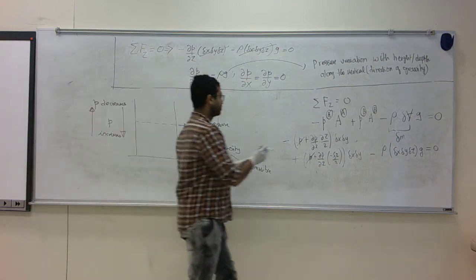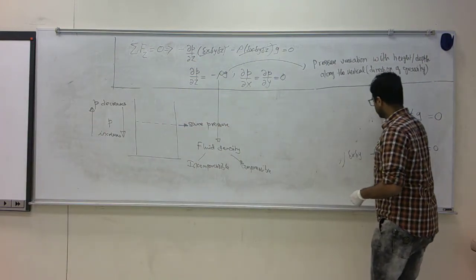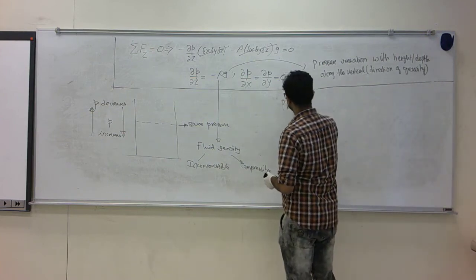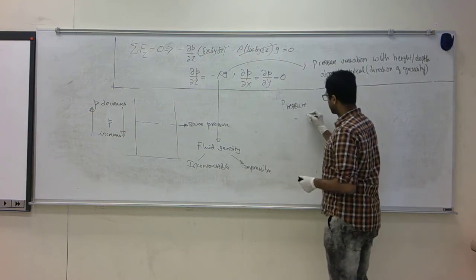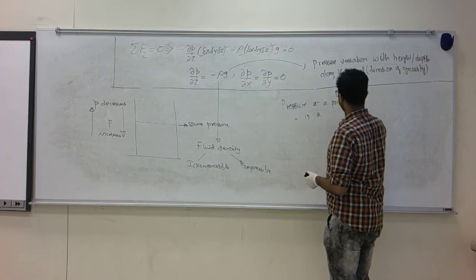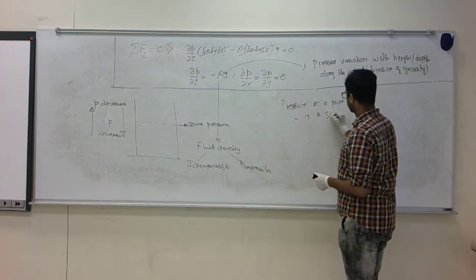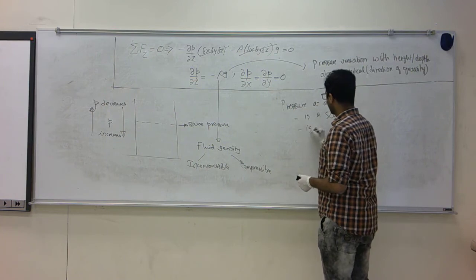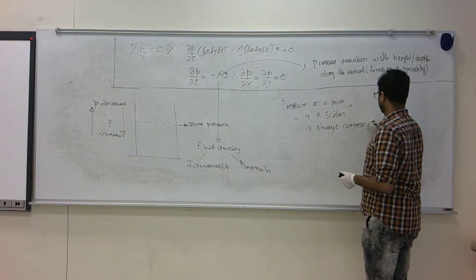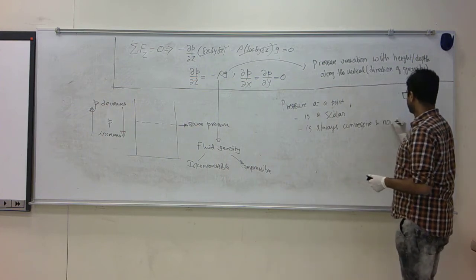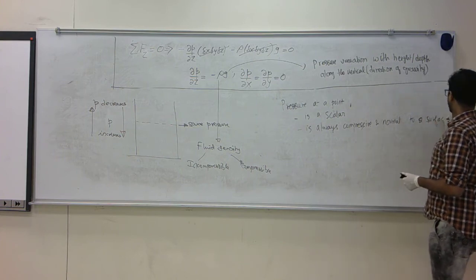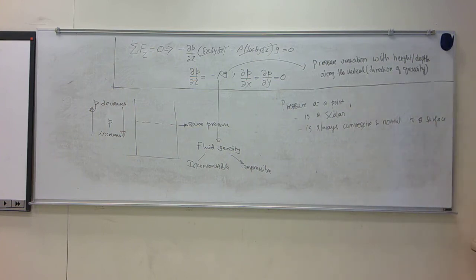But the big takeaway is, I'll start summing it up. What do we know about pressure so far? Pressure at a point is a scalar. It is always compressive and normal to a surface.